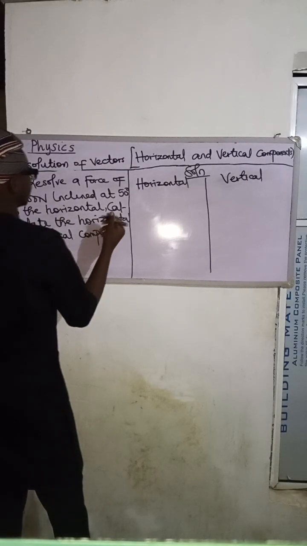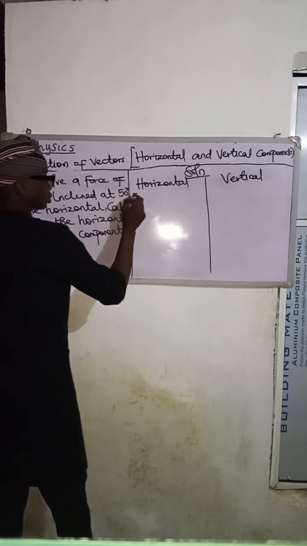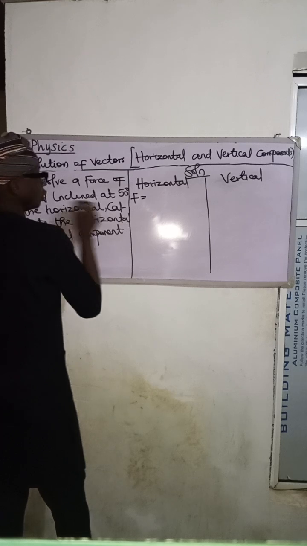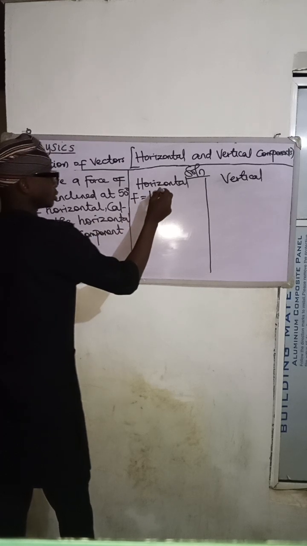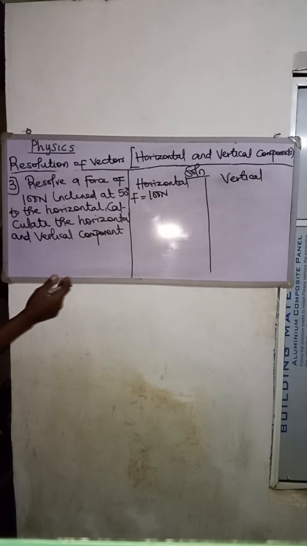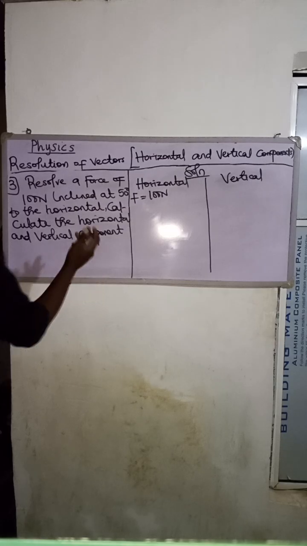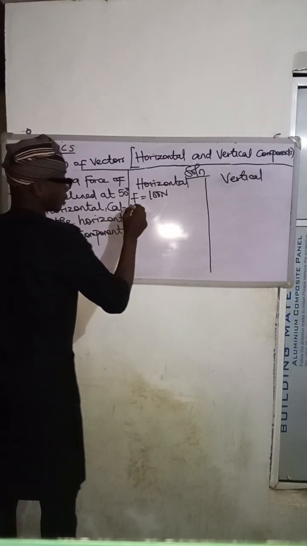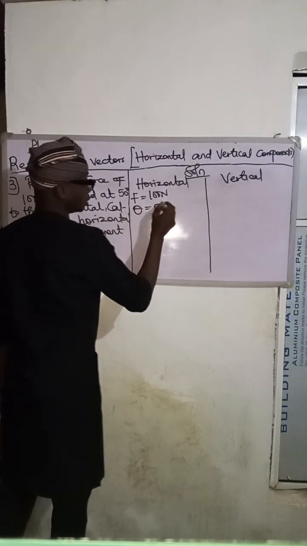What are the parameters given? They gave us force to be 100 Newton, and they also gave us theta to be 50 degrees. That's all.